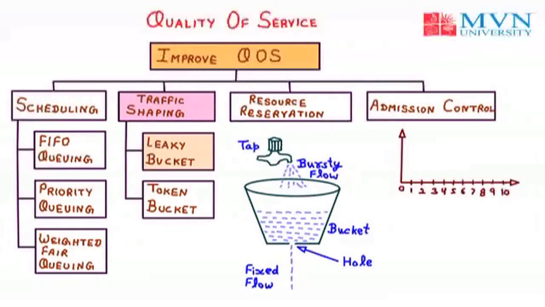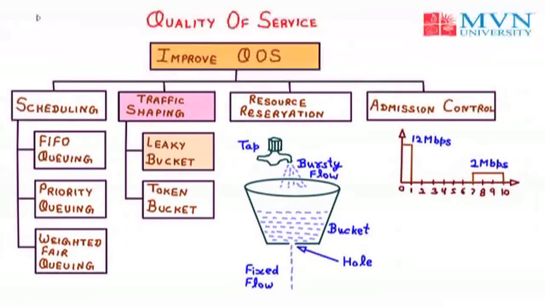Now suppose for the first 2 seconds we have 12 MB of data, so the data rate will become 12 Mbps. Now suppose for the next few seconds the system is idle, and after that from 7 to 10 we have 2 MB of data. So 2 MB of data means it's 2 Mbps.